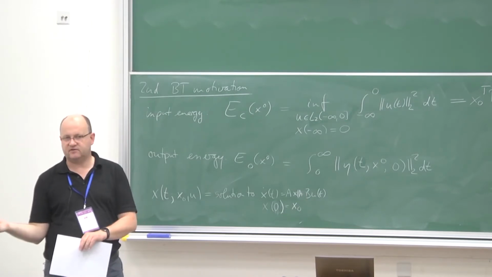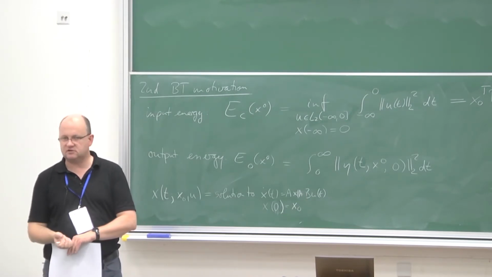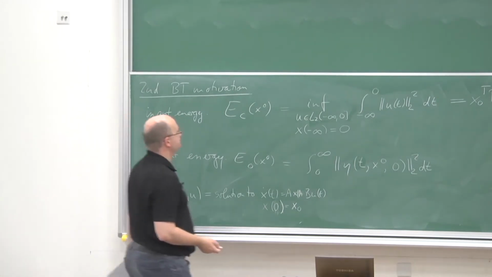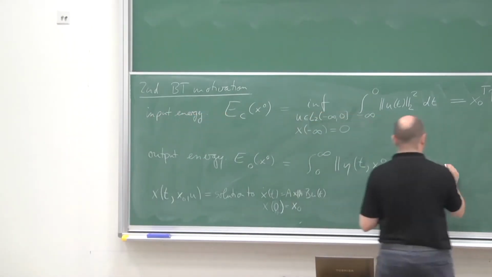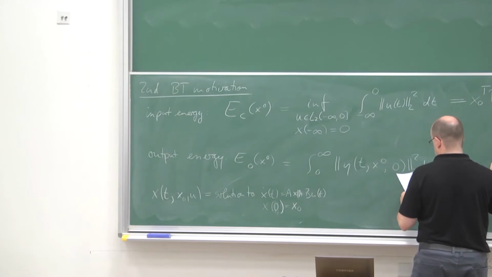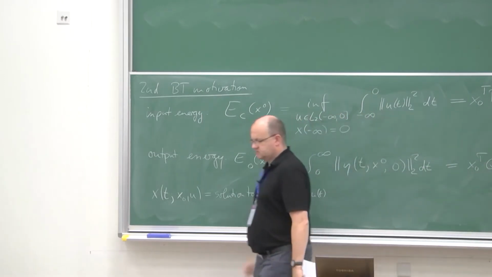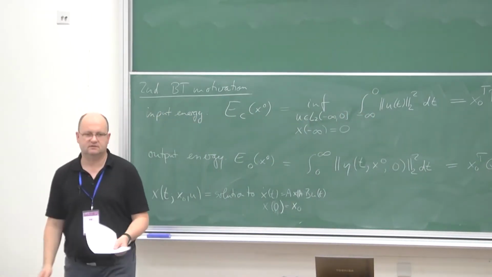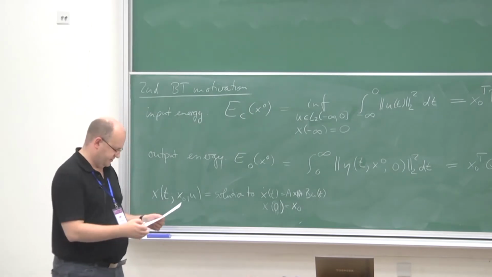In the case that you have a controllable system, that's of course the inverse. Otherwise, it's the Moore-Penrose inverse. And that can be shown to be just x0 transpose Q x0. And Q is the observability Gramian.